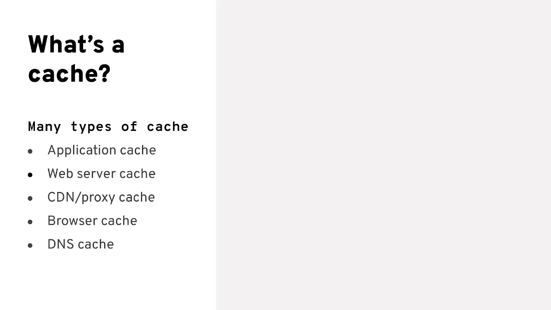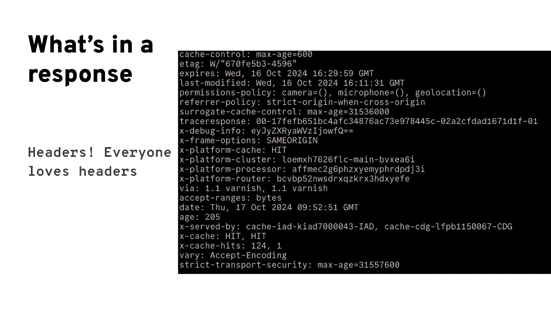You have the web server cache, you have the CDN/proxy cache, you have the browser cache, you have the DNS cache. What we'll mostly discuss today is the browser cache, the proxy/CDN cache.